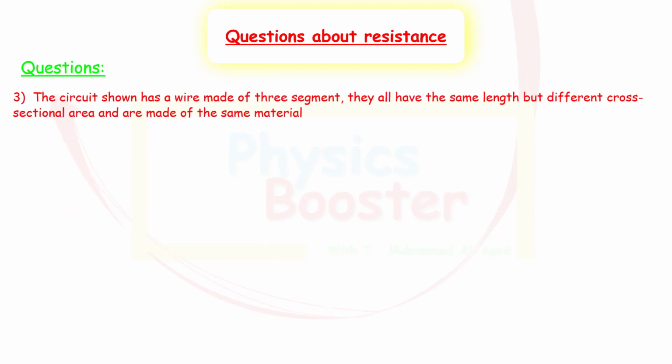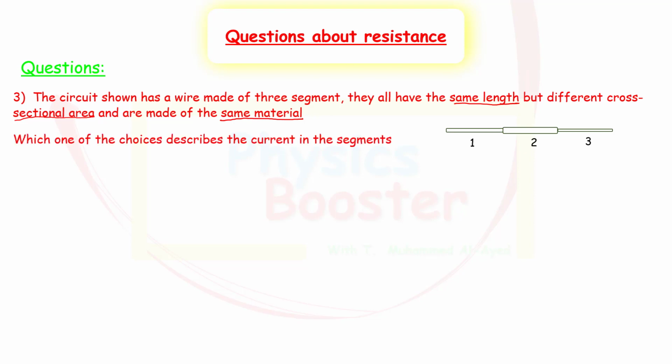Question number 3. The circuit shown has a wire made of 3 segments. They all have the same length, but different cross-sectional areas and are made from the same material. So we see that we have the same material, so we are controlling the parameters here, and they have the same length. So the only thing that is different here is the cross-sectional area. And we know the relationship between the resistance and cross-sectional area is the larger the cross-sectional area, the lower the resistance is.